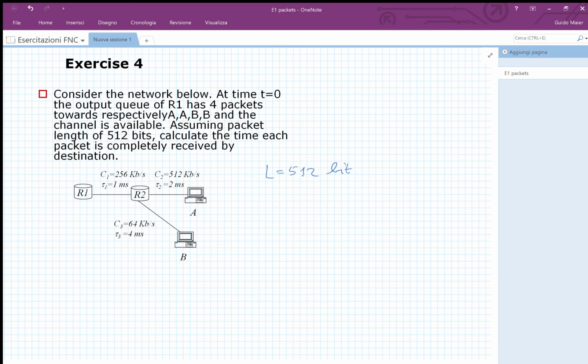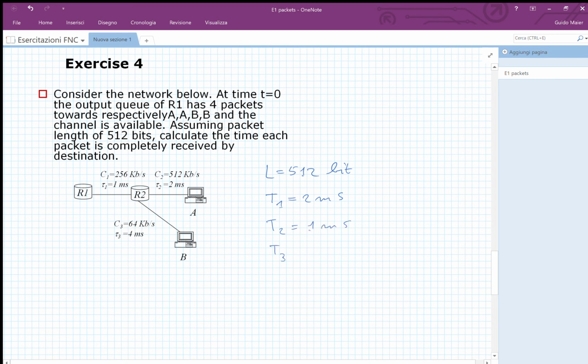So let's do the analysis in this case. Transmission times are the ones that we have calculated before. So T1 is 2 milliseconds. T2 will be 1 millisecond.